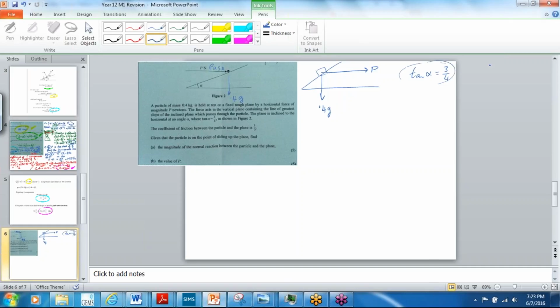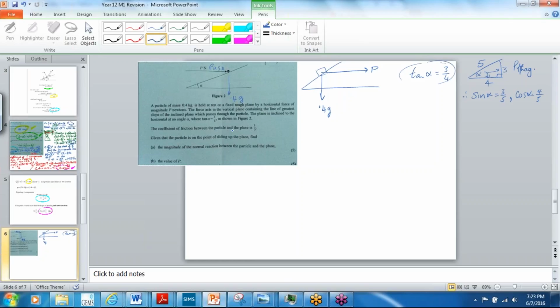Now, something interesting about this: when tan alpha equals opposite over adjacent is 3/4, we can use Pythagoras to find the hypotenuse, which is 5. Therefore, sine of alpha is opposite over hypotenuse, and cos of alpha is adjacent over hypotenuse. So we've got all three values now.